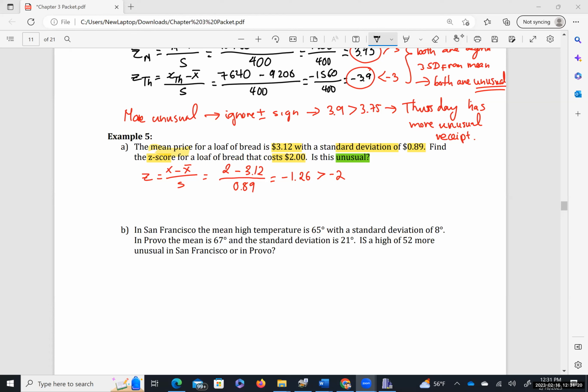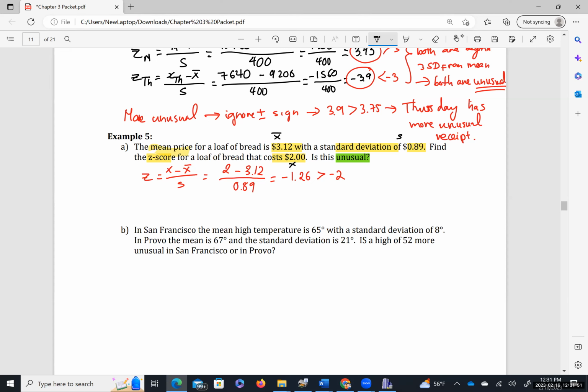Okay, so keep in mind that the mean price x bar is 3.12, the standard deviation is 0.89, and we want to convert the x value, which is 2, into a z-score. Following the formula, you should get about negative 1.26, which is greater than negative 2.